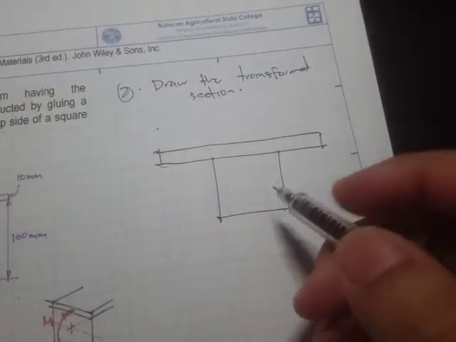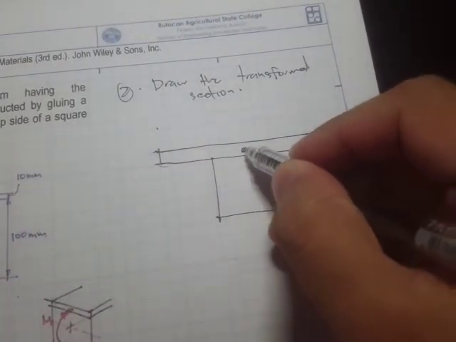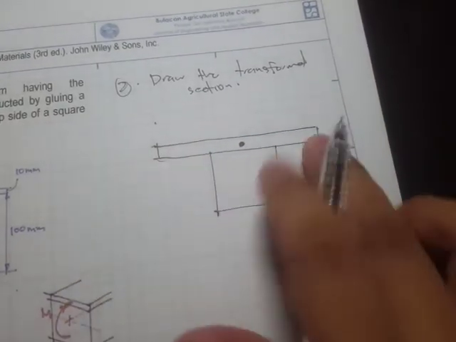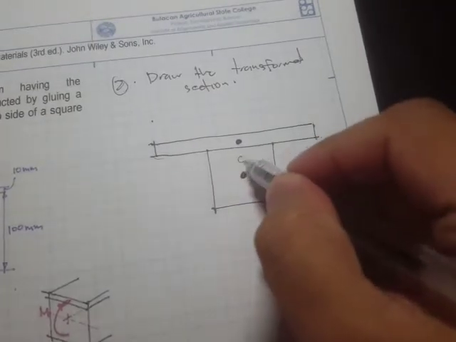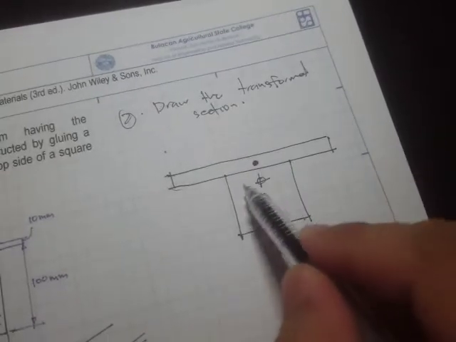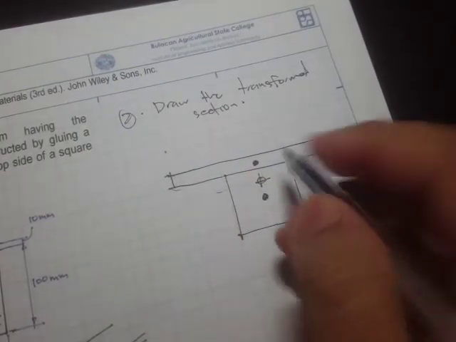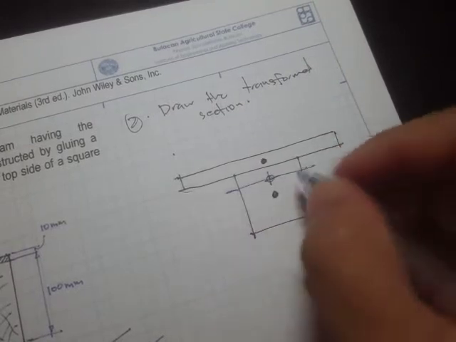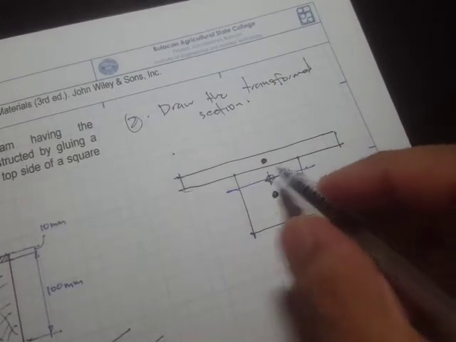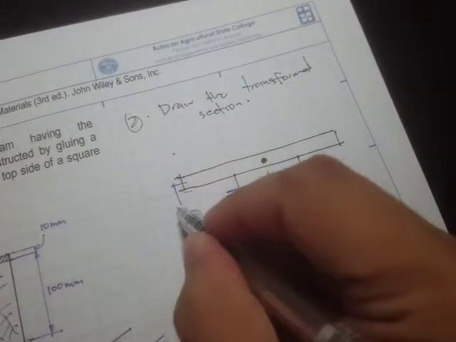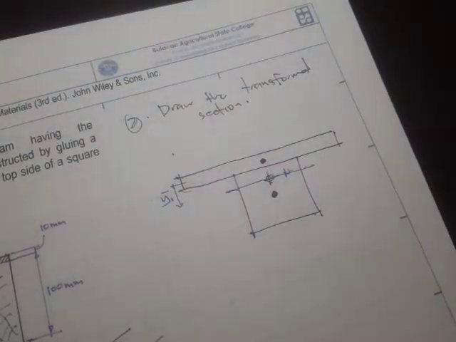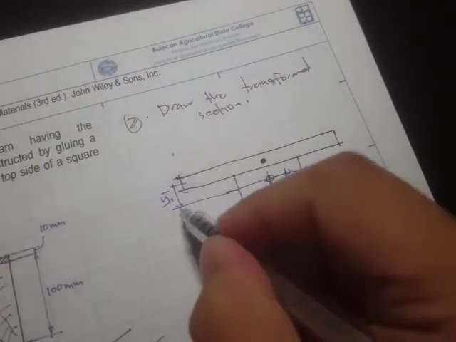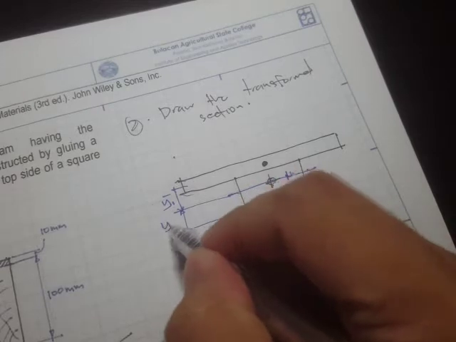Of course, we are going to locate the centroid of this transformed aluminum part, and the centroid of this wood, and also the location of the neutral axis. So here's going to be our location of the neutral axis, and therefore from the neutral axis to this centroid, this distance would be y1 bar, and the distance from the neutral axis to this centroid is y2 bar.